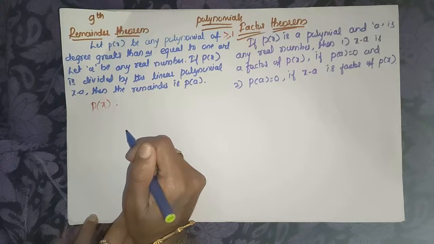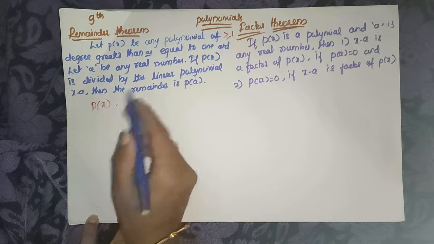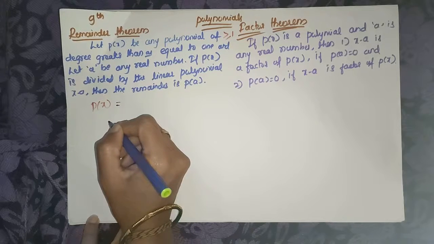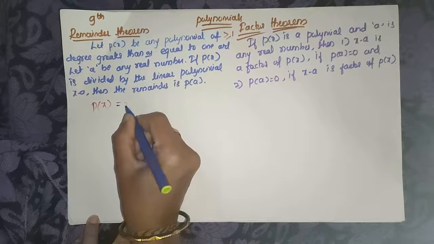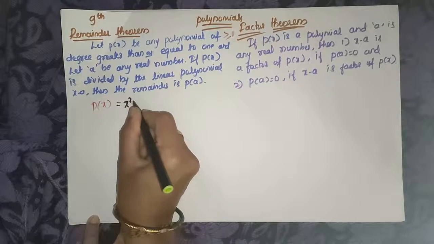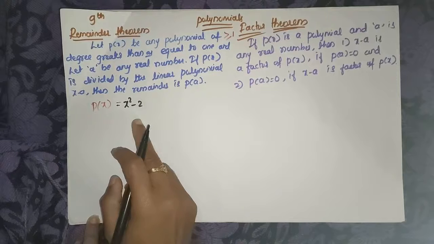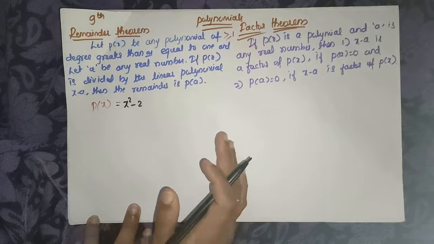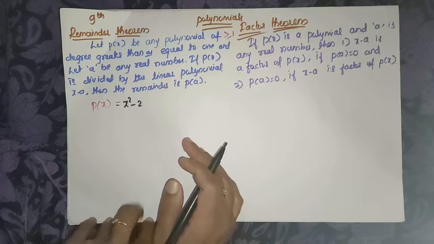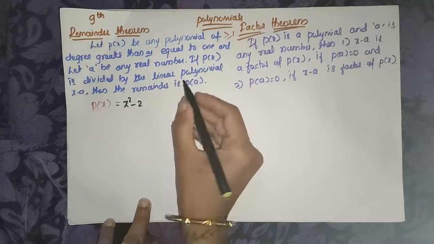So here they have given p of x as any polynomial. The degree of this is greater than or equal to 1, not less than 1. So consider x square minus 2. This is a polynomial of degree 2, which is greater than 1. Here they have said it is divided by a linear polynomial x minus a.